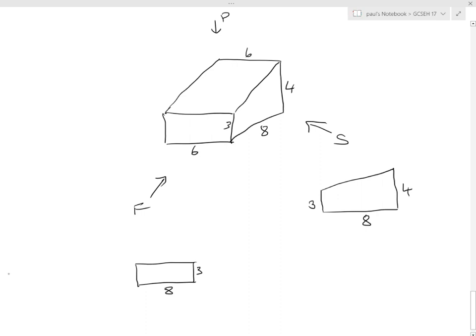Now the back is 4 high and this is 3, so there's an extra little bit on the top, which is 1. And the plan, all we're going to see is this rectangle. We're going to see a rectangle like this, and that's 6 wide and 8 deep.